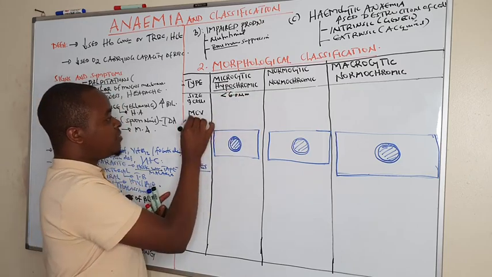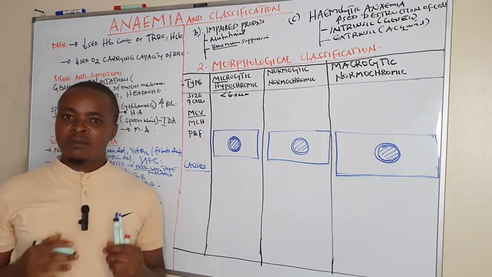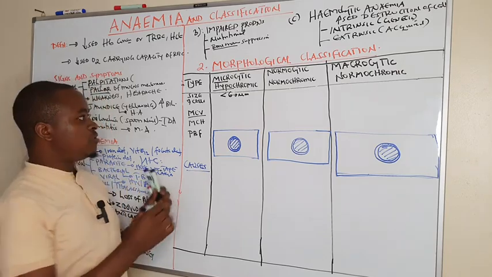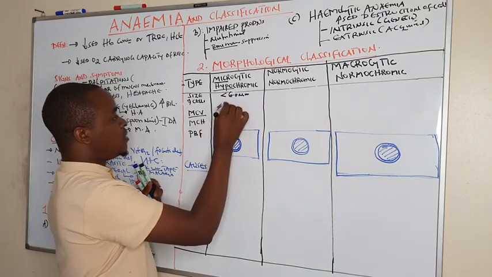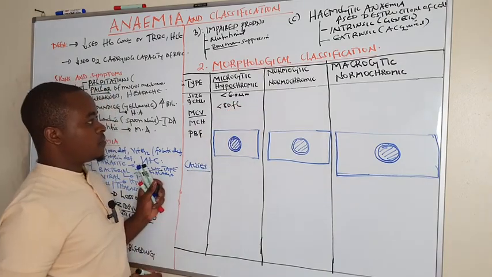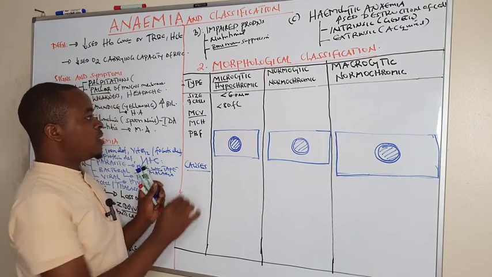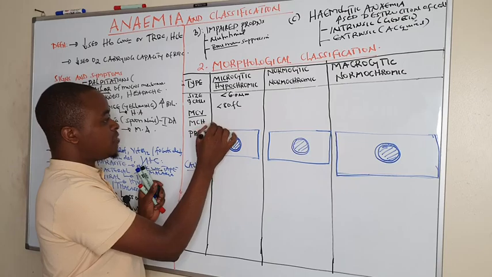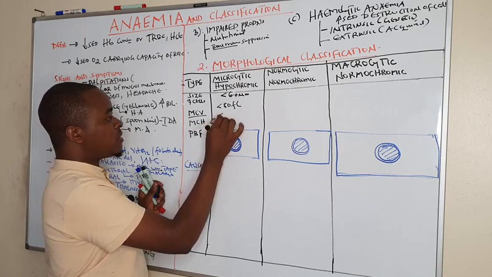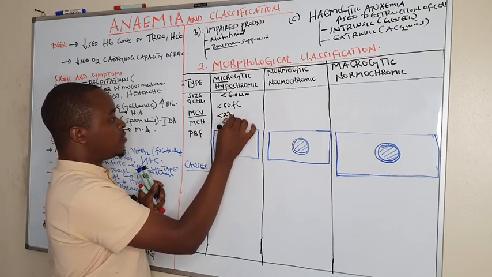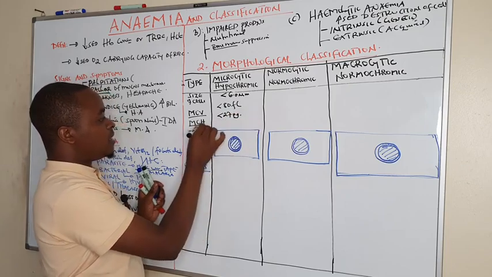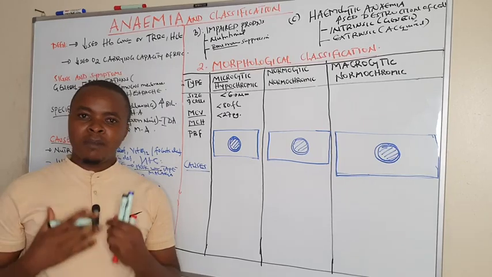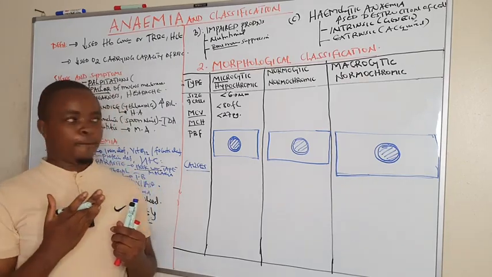Then the MCV, which is mean cell volume, will be less than 80 femtoliter, meaning the cell is small. Then MCH, mean cell hemoglobin, will also be less than 27 picograms, whereby MCH measures the amount of hemoglobin in a single red cell.